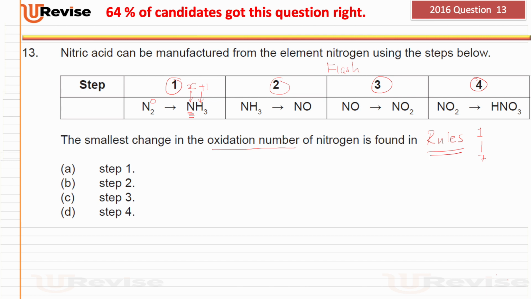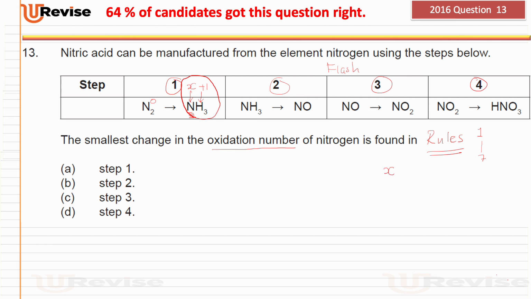Now I need another rule to finish off this. The third rule that I need to apply here is the compound rule, which says for all compounds, the sum of oxidation states of the elements in a compound is 0. So if I add the oxidation states of all these elements in this compound, that must be equal to 0. From there I can form an algebraic expression.